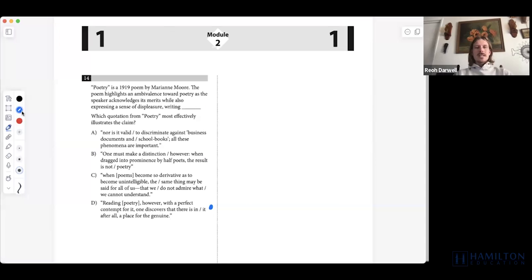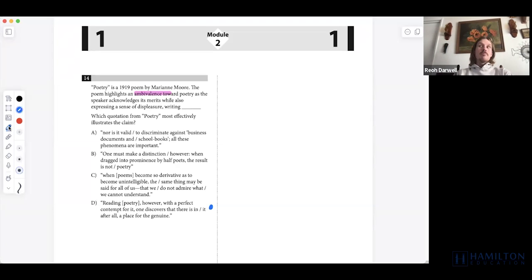Okay, so 19 is a classic example of a question where we need to know vocabulary, even if this isn't a word and context question. So what is ambivalence? Ambi means both, right? So I put up both of my hands because ambidextrous is one of the most common ways we talk about ambi, where one hand and the other hand are both equally good.